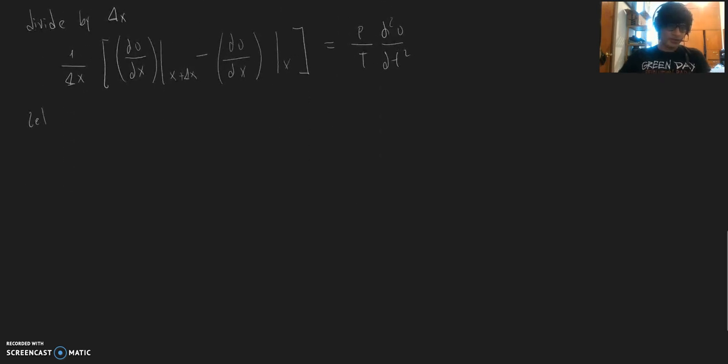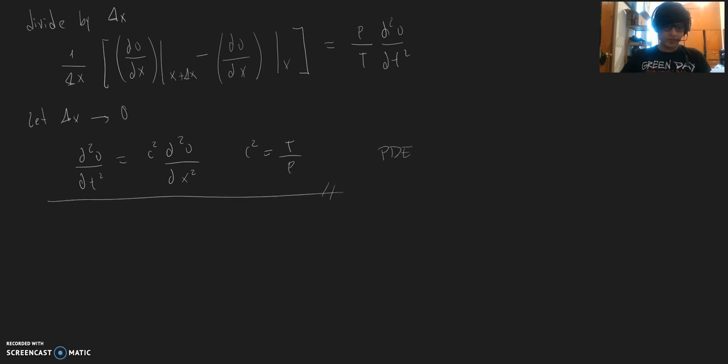So if we let delta x tend to 0, we then get that d squared u over dt squared is equal to c squared times d squared u over dx squared, where c squared is equal to T over rho. And there we have the partial derivative equation of the vibrating string.